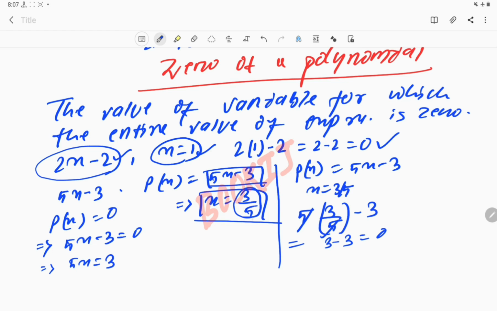That means here x is equal to 3 by 5 is the zero of the polynomial 5x minus 3. And in the first example, x is equal to 1 is the zero of the polynomial 2x minus 2, because at x equal to 1, the total value of 2x minus 2 is 0. And at x is equal to 3 by 5, the total value of 5x minus 3 is 0.